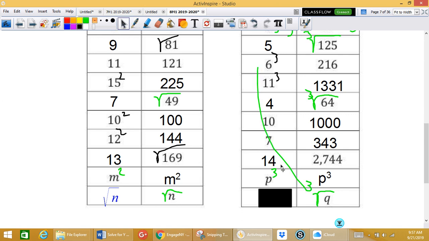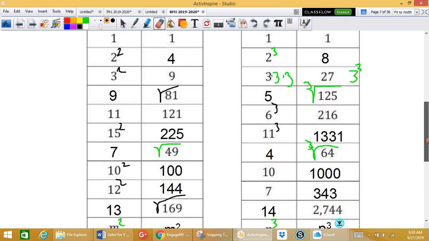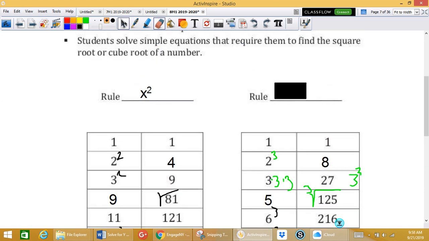So then this is the cube root of Q. So this rule here is the cube of a number. Okay, so x cubed.